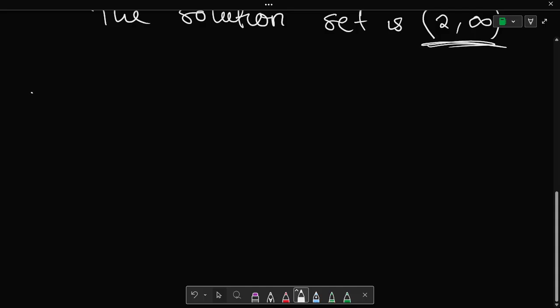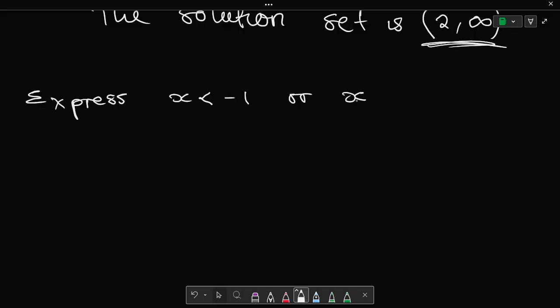Okay, so let's try to see another example on interval notation. What if we were given: express x is less than -1 or x is greater than 2. How do you write the answer in interval notation?